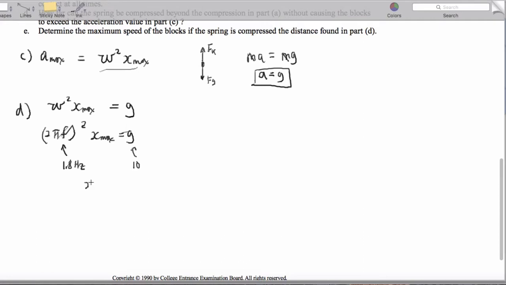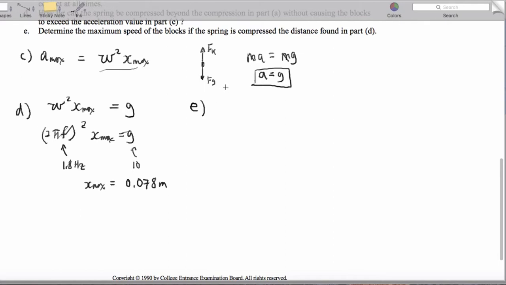So when we solve for x max, we will end up getting here 0.078 meters. Okay. Perfect. So, with that in mind, we can now move on to part E.